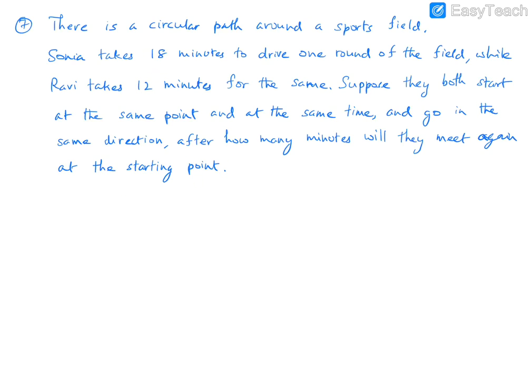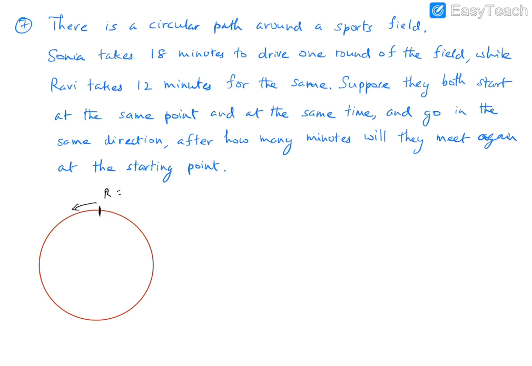So Sonia takes 18 minutes to complete one round, and Ravi takes 12 minutes to complete one round. Just to illustrate how it is working here, it's a circular ground, and let's say they both start at some point, let's say at 12 o'clock. They both start at the same time and move in the same direction, and after 12 minutes Ravi will reach here.